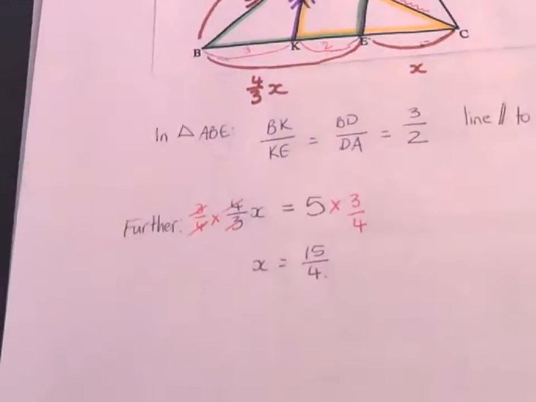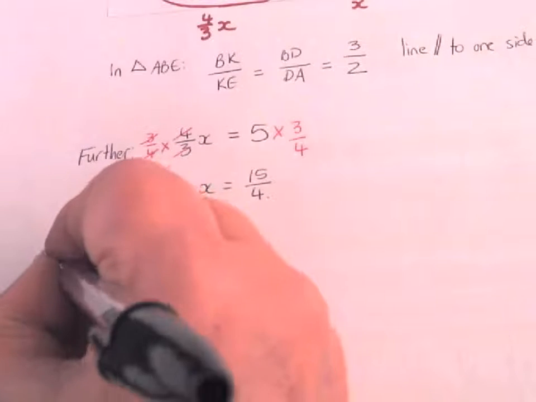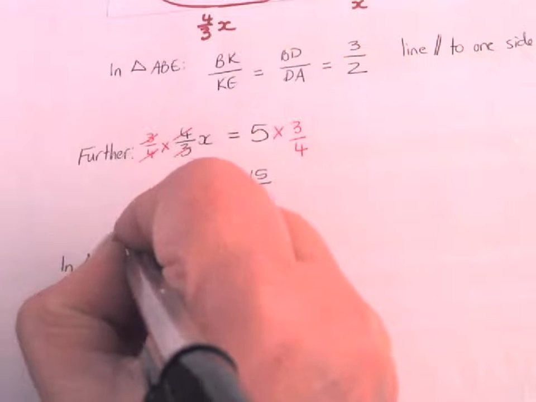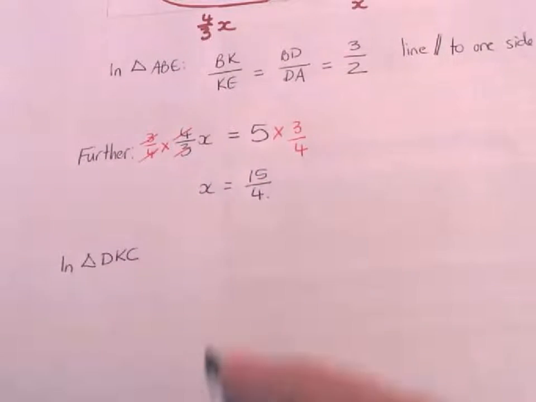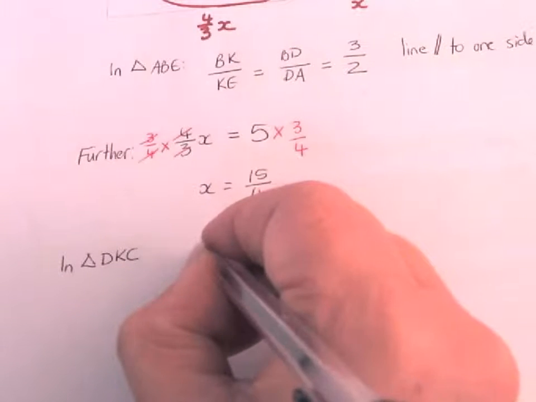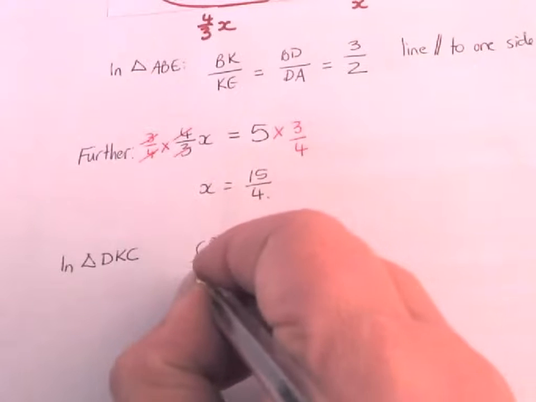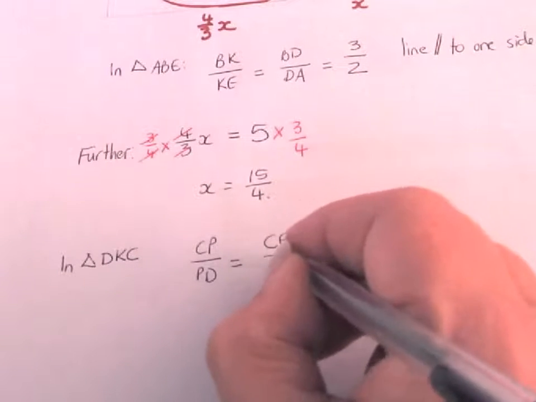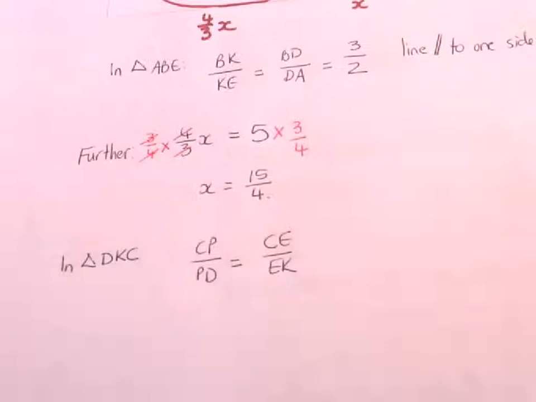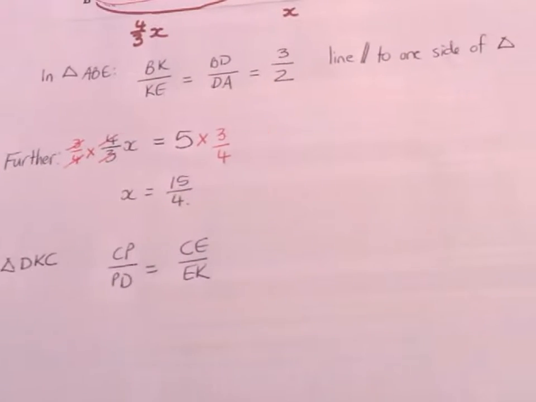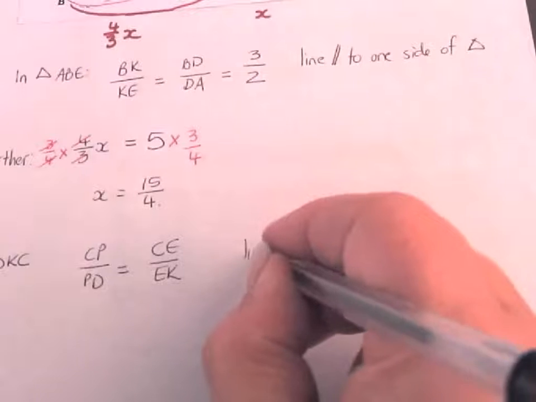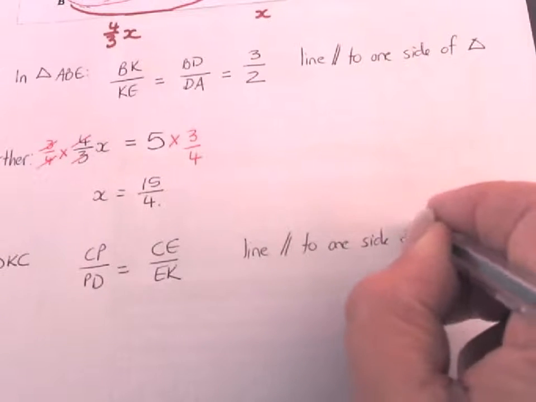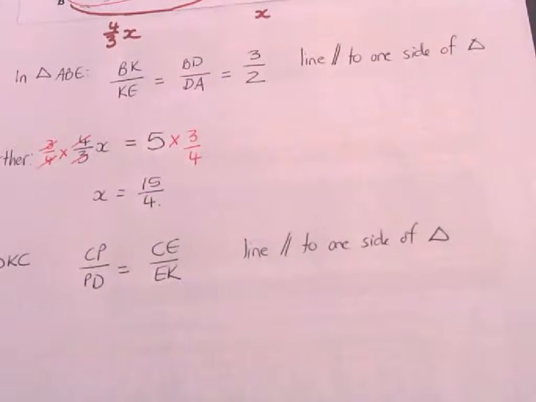In triangle DKC, the yellow one, CP over PD will be the same as CE over EK.